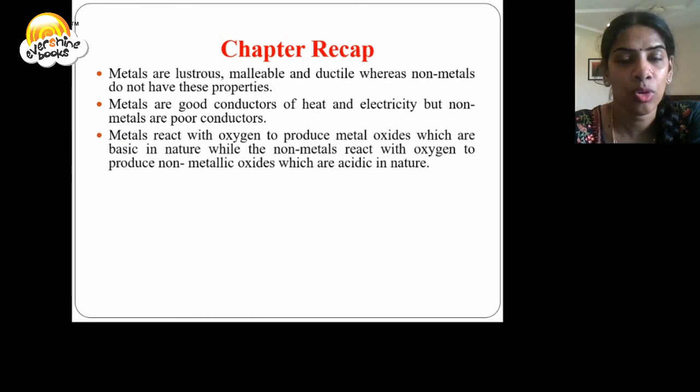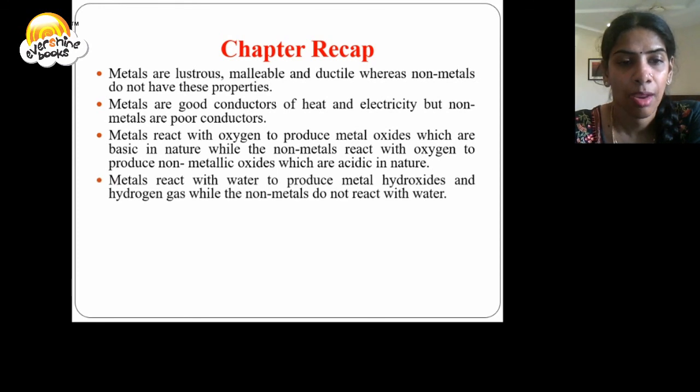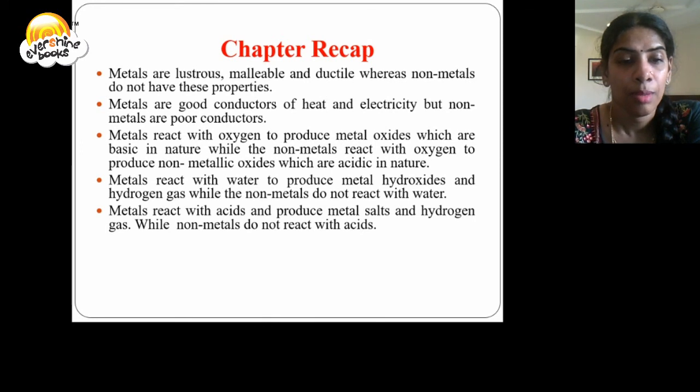Metals react with oxygen to produce metallic oxides, which are basic in nature, while the non-metals react with oxygen to produce non-metallic oxides which are acidic in nature. Metals react with water to produce metal hydroxides and hydrogen gas, while non-metals do not react with water at all. Metals react with acids to produce metal salts and hydrogen gas, while non-metals do not react with acids.